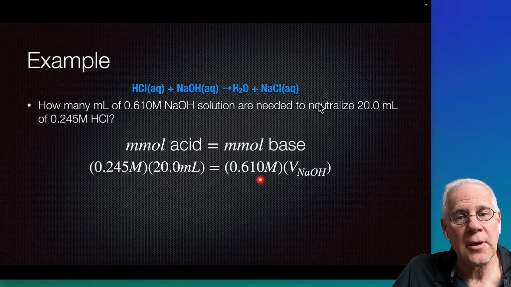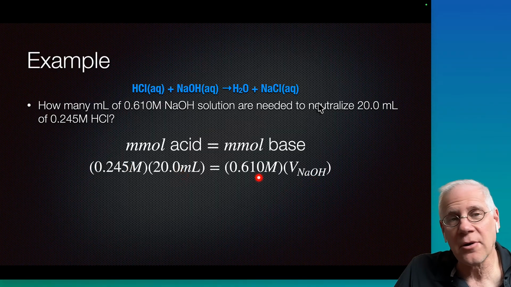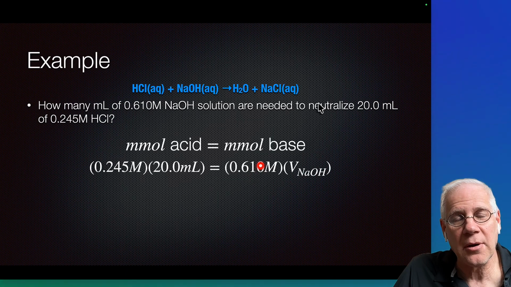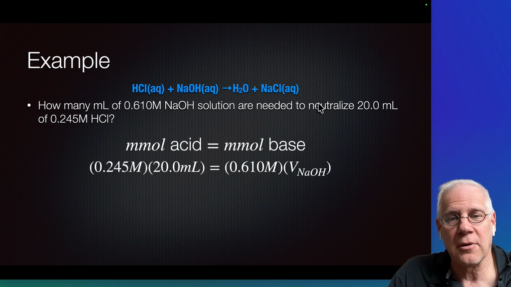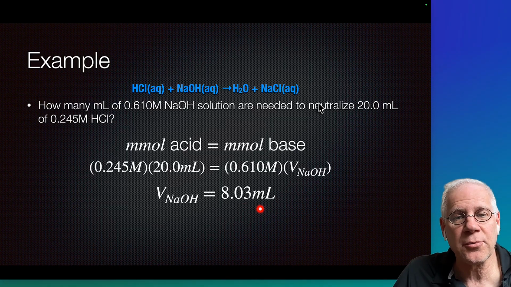That's going to equal the concentration of our base times the volume of base that we're going to need. Now this we don't know, and so we're going to have to calculate that. So we just calculate our values here, divide by our molarity of our base, and we get a value of 8.03 milliliters of NaOH.